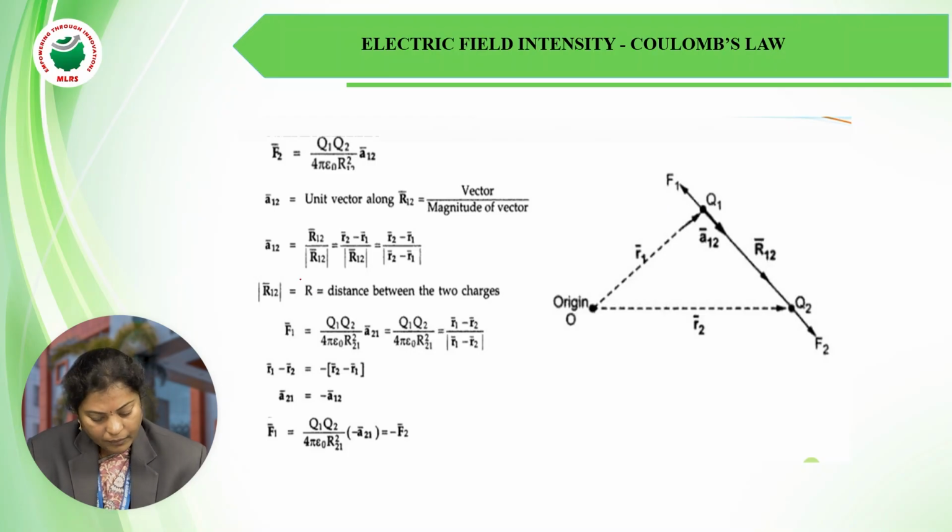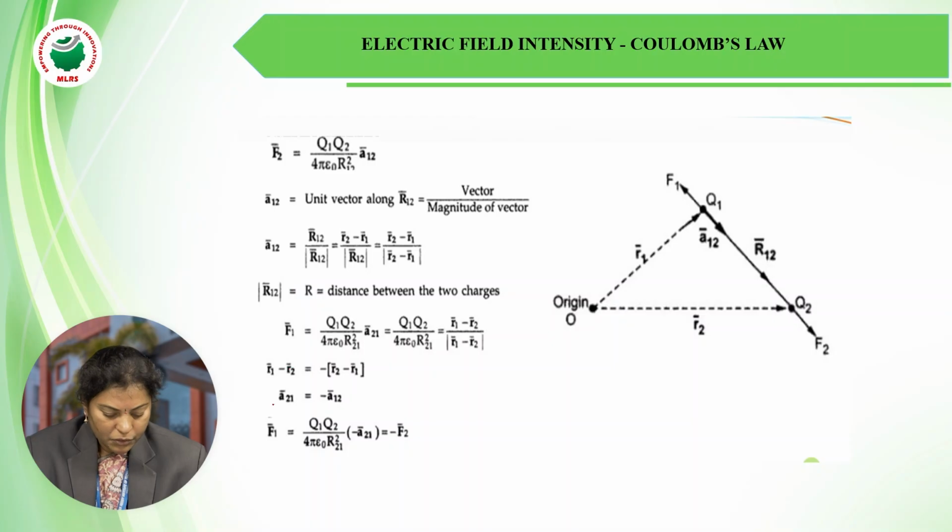We also have a force on charge Q1, that is F1 equal to Q1 Q2 by 4 pi epsilon naught into R21 square into A21. Here the unit vector is defined as A21 equal to R1 minus R2 by modulus of R1 minus R2. In the previous case, the force on Q2 is F2, with unit vector A12.